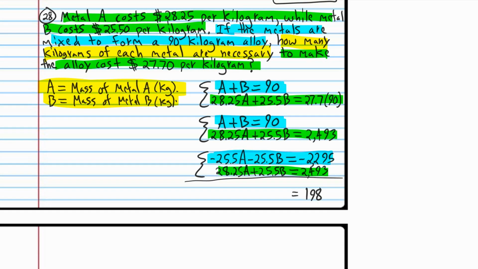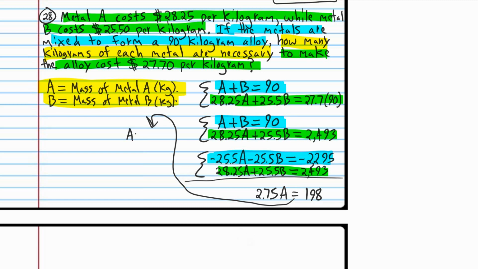And 28.25 minus 25.5 is 2.75. And we're out of room, so we can just go up here, divide both sides by 2.75, and we have 72.